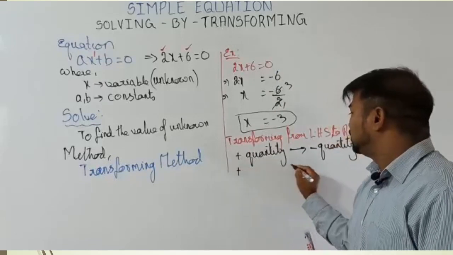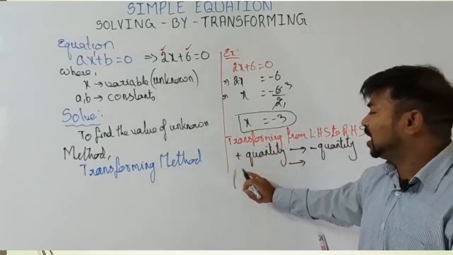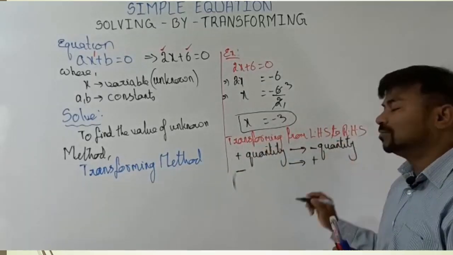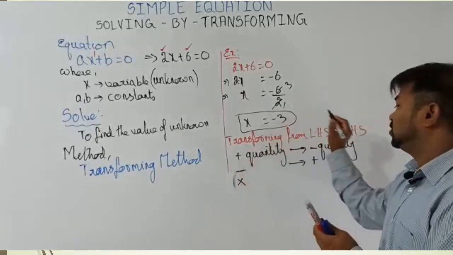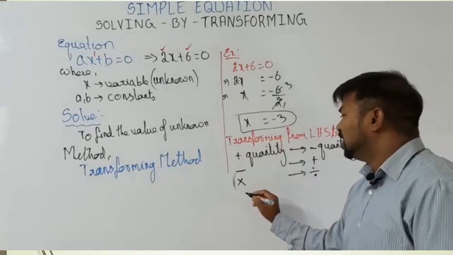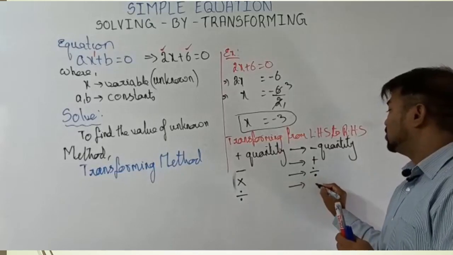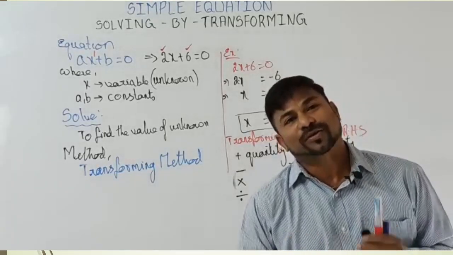A minus quantity transformed to the other side becomes plus. In the same way, a multiplication quantity transformed to the other side becomes division, and a division quantity transformed to the other side becomes multiplication. These are the 4 things we are supposed to remember.